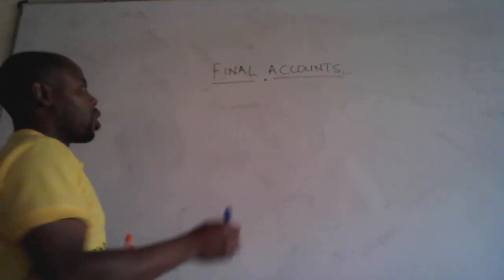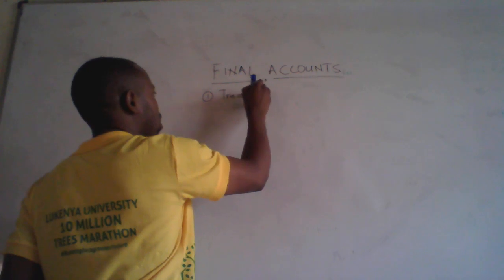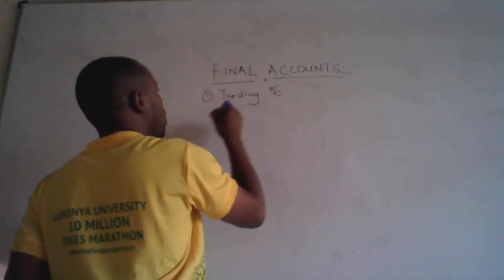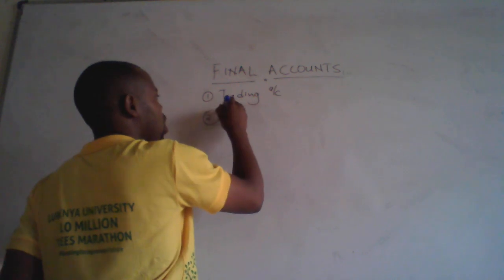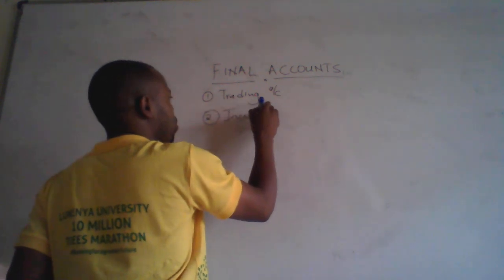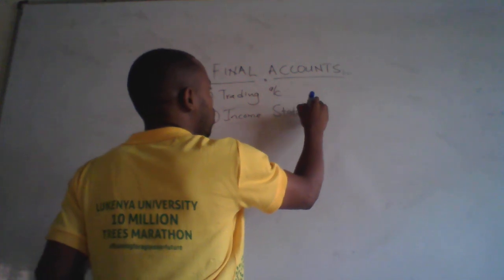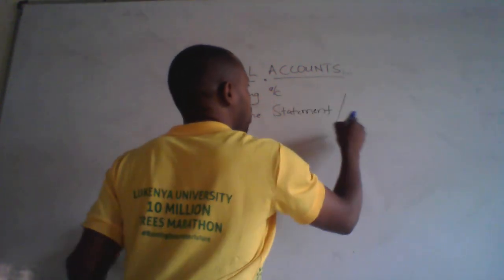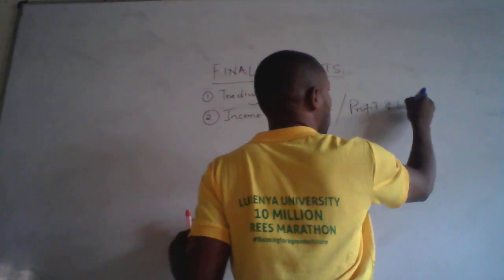This time, in the first place we learned how to prepare the trading account, and then in the second place we are supposed to prepare what we call an income statement, or what we call the profit and loss account.